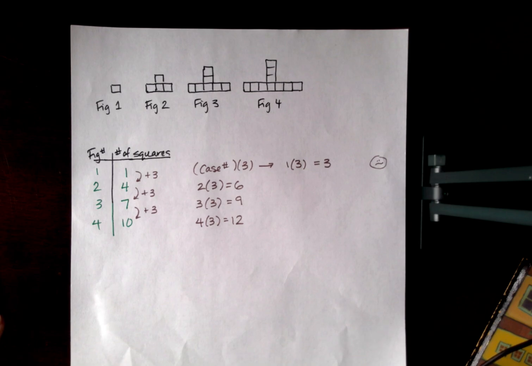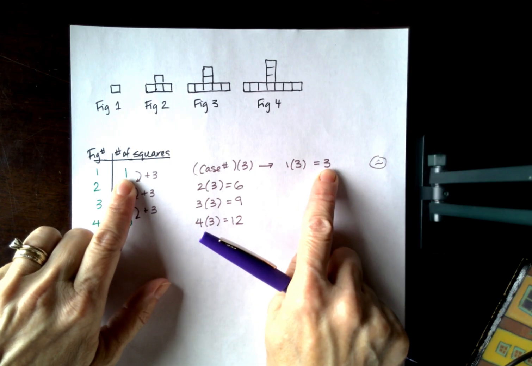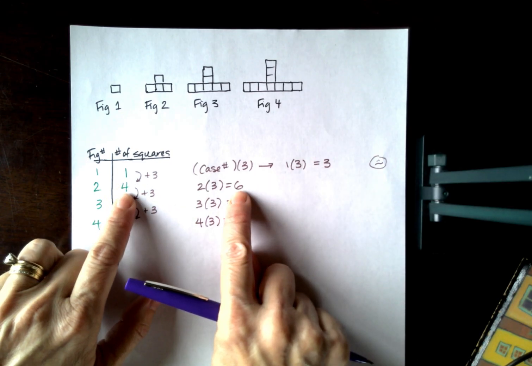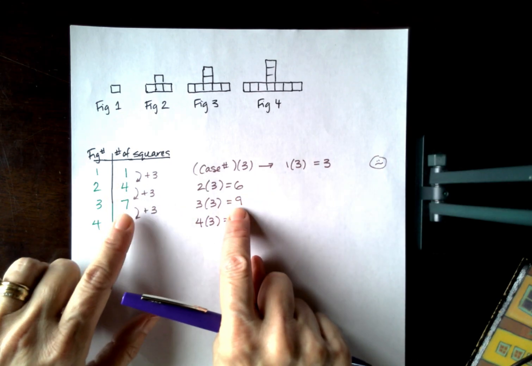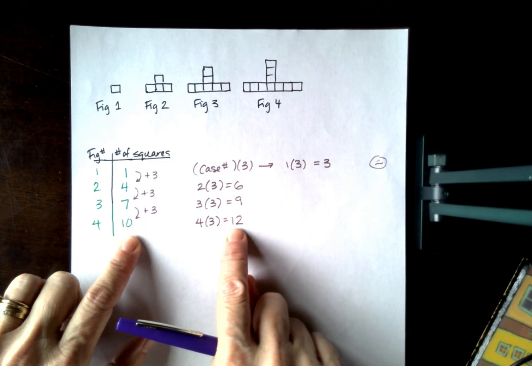But there's a little twist we can do, a little adjustment in each case that will fix each of these for us. And so I recommend that you take a look at 3 versus 1 in case number 1, 6 versus 4 in case number 2, 9 versus 7 in case number 3, and 12 versus 10 in case number 4.